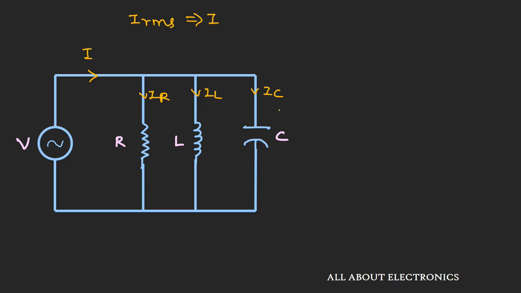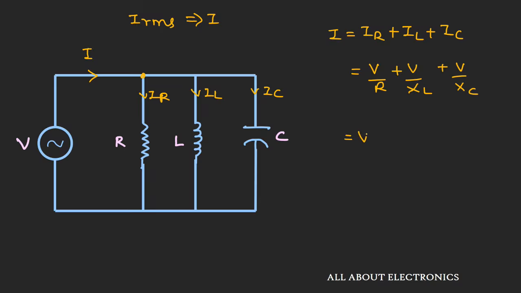and IC respectively. So now if we apply KCL at this node, then we can write it as I equals IR plus IL plus IC, or we can write it as V over R plus V over XL plus V over XC.